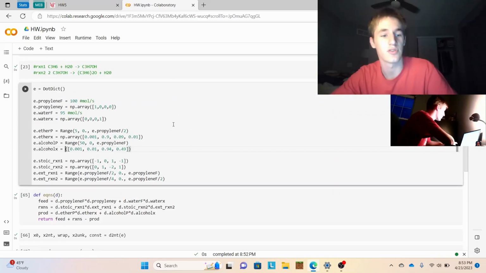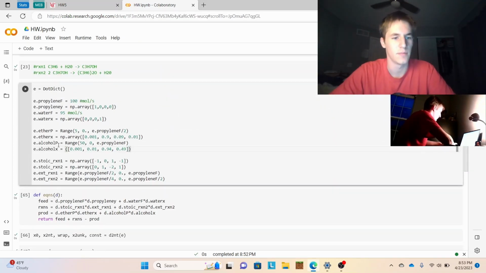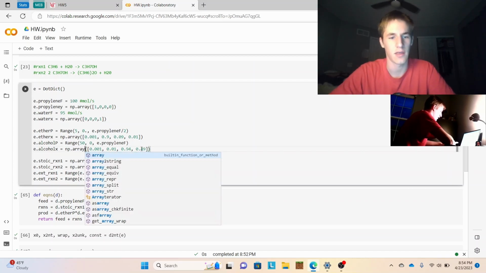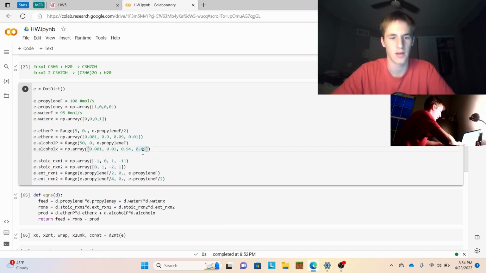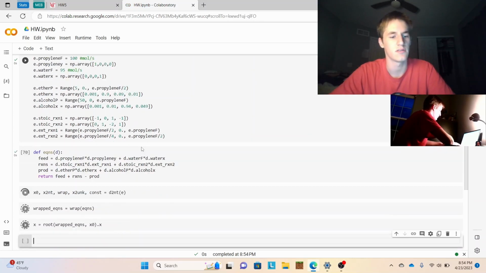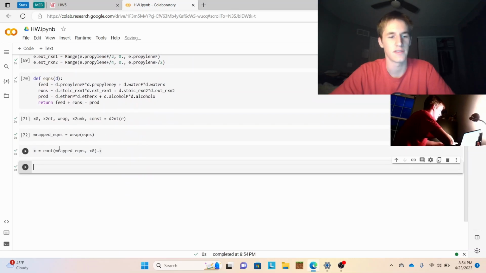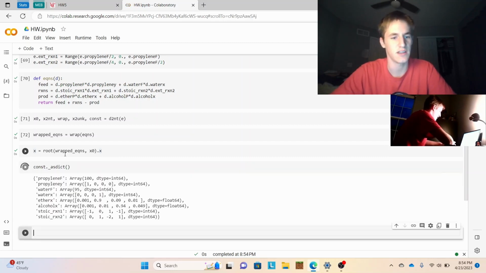All right, so I found my error here. This alcohol mole fraction should be np.array, and this 0.49, it just pasted wrong. It should be 0.049. All right. So now this function works, and we can list our constants as a dictionary.